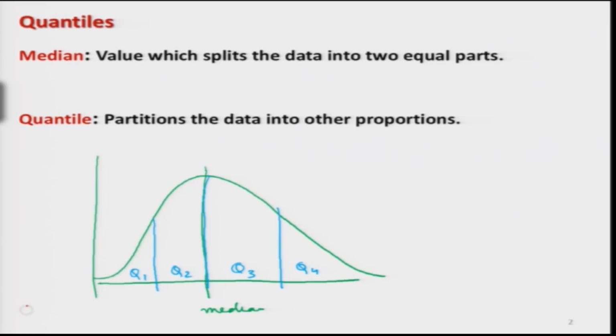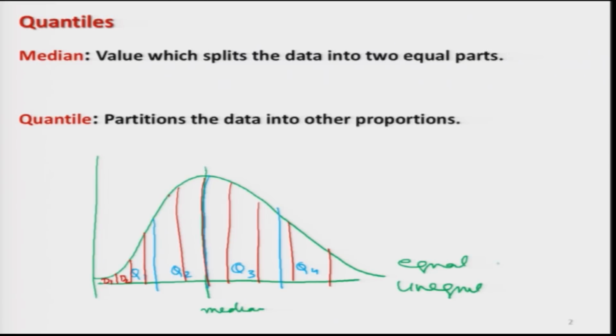And similarly, I can divide it into more equal parts, like 10 equal parts. I can divide it here 1, 2, 3, 4, and here 5, 6, 7, 8, 9, 10. So, this will become the first partition, second partition, and so on. And similarly, I can increase the number of partitions also, and these partitions can be of equal widths or unequal.